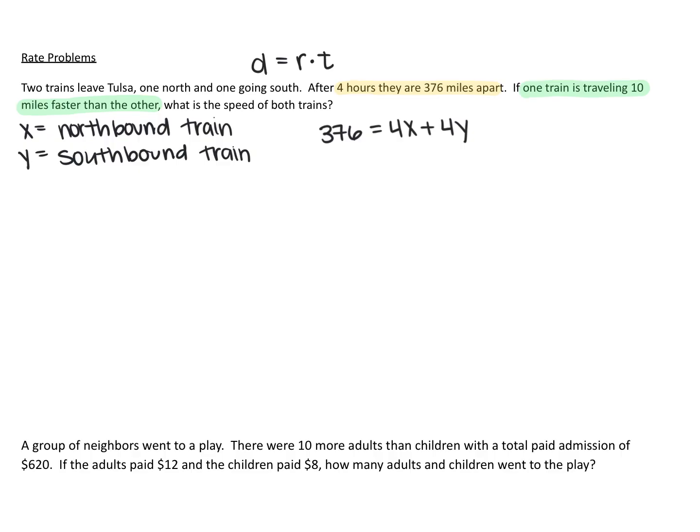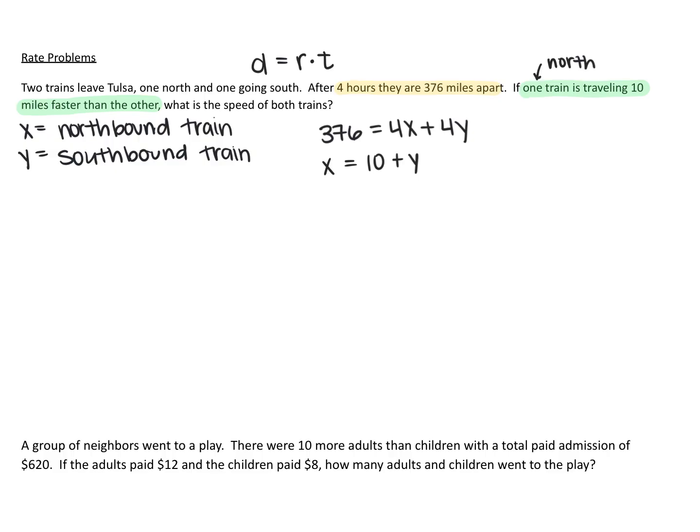It doesn't specify here which train it is, so we're going to go ahead, we'll just say it's the northbound train. If I give you a problem like this on an assignment or quiz, I will specify which train we're talking about here. So we'll say that x equals 10 plus y.